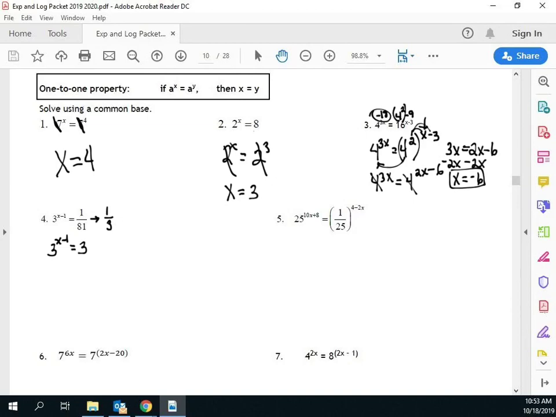Nope, it's to the 4th, isn't it? However, I don't want 1 over 3 to the 4th. I want 3 to the negative 4. There you go, guys. Good. And then you drop the 3's and end up getting an equation and solve from there.